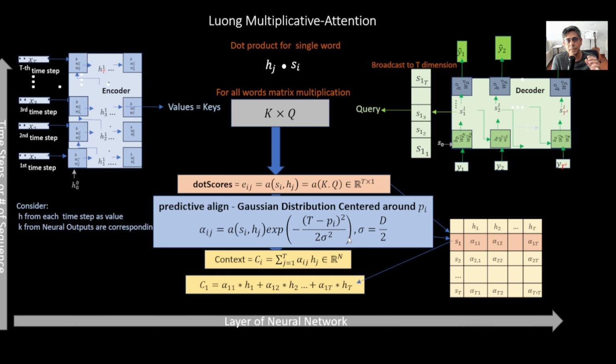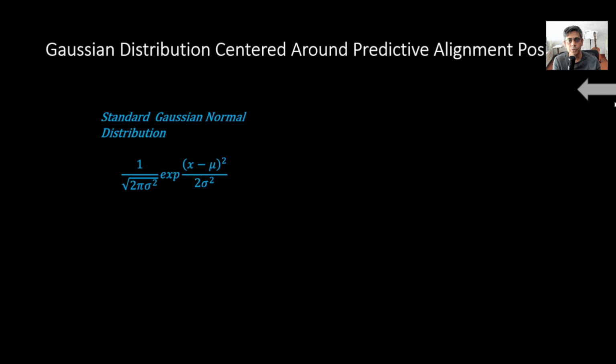Here the assumption is that the prediction has to be somewhere in the middle, and as positions drift by distance d to the right and left, the score should rapidly fall down, creating a bell-shaped curve. So to impose that condition, we are using this Gaussian formula. This formula may look terrible, but it is the standard Gaussian normal distribution, where there is the exponential term, x is the entire range of values, mu is the mean position, and sigma is the standard deviation.